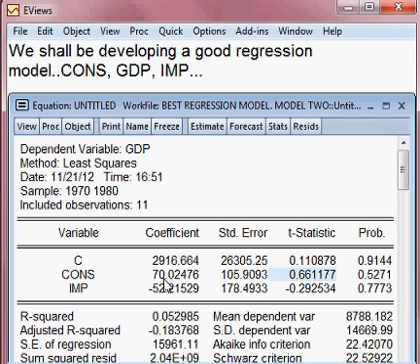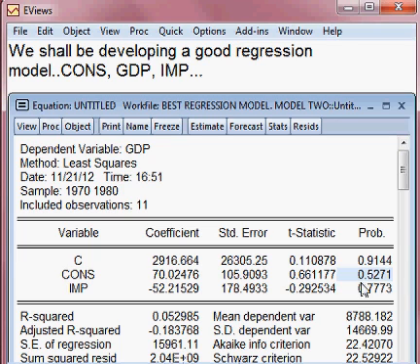It is always coefficient divided by standard error, that we can get the t value, and the p value is 52.71%, that is the corresponding p value or the probability value.